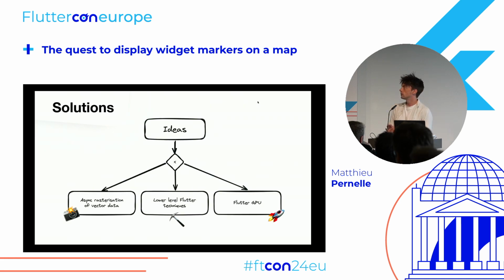And finally, the Flutter team is working on a new API called Flutter GPU, which will expose GPU API directly to the Flutter environment. It's not ready yet, but maybe with that, we can start to build some map engine directly with Flutter.